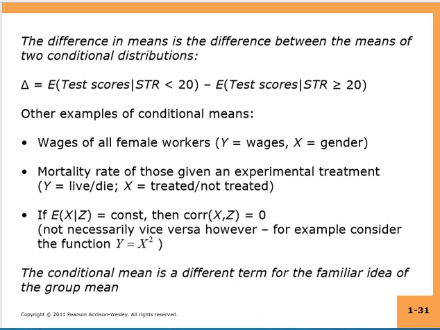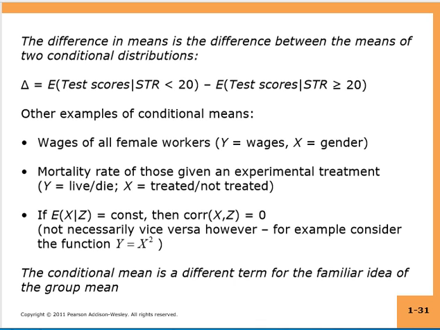Other examples of conditional means might be when you are looking at wages. So suppose y is the wages and x is the gender. One variable takes values of all the wages that people get, and the other variable takes the values of gender.